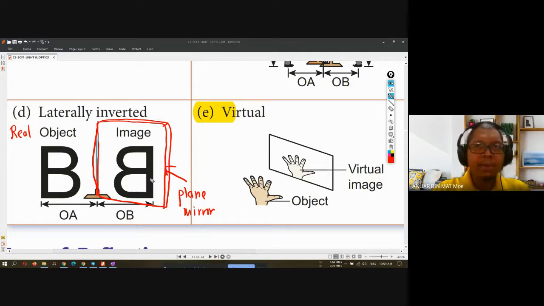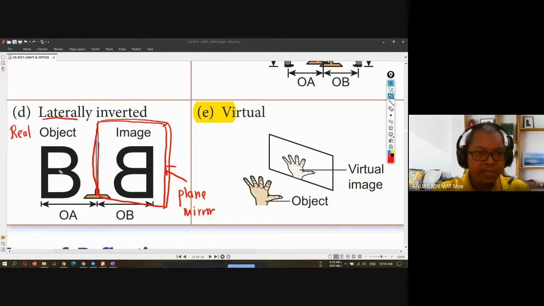So what happened to the image on the plane mirror? We call it laterally inverted. Laterally means it is not horizontally. This is horizontally and laterally. Okay, can you understand this?